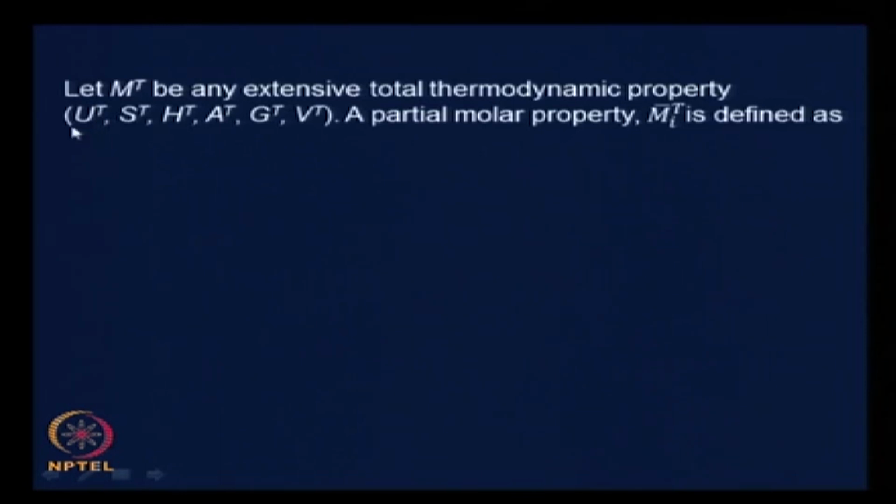For example, it could be Ut, the total internal energy, St, total entropy, Ht, total enthalpy, At, total Helmholtz free energy, Gt, total Gibbs free energy, or Vt, total volume. Then the partial molar property, which I am going to represent as Mi with a hat over it.